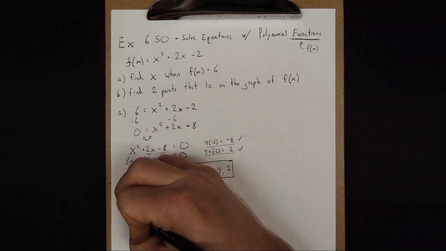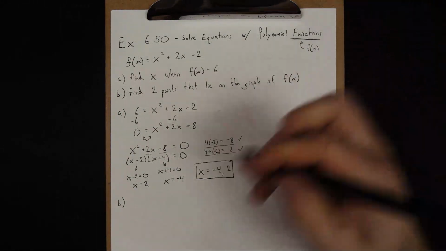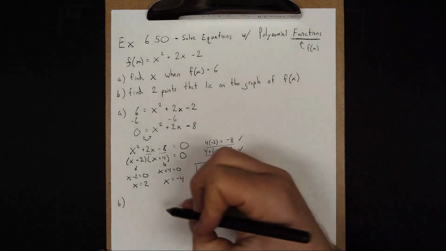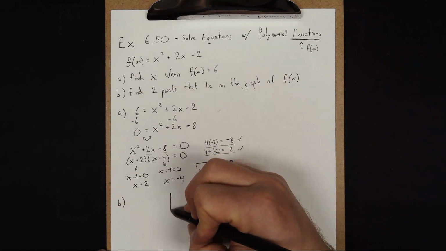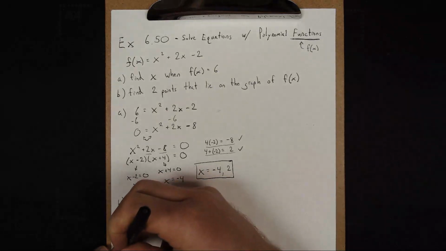Now b. For b, I'm going to draw the graph out. I'm going to draw f of x out. We're going to think about where the points would lie.